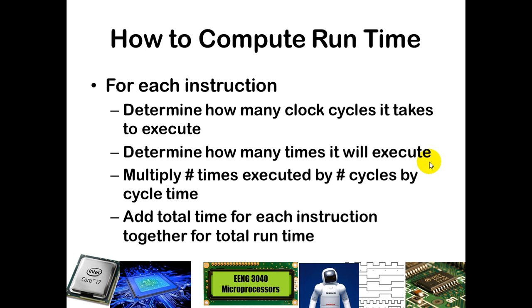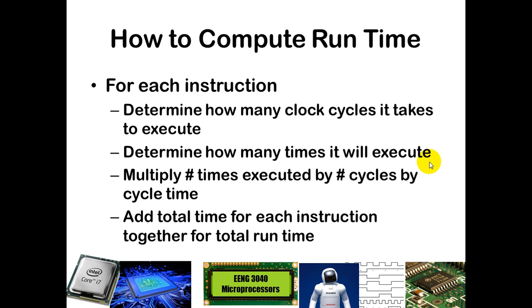In other cases, if you're in a loop, certain lines of code may be executed over and over again. So you want to trace through that logic to figure out how many times certain loops are running, and design your logic accordingly to get the specific time that you're interested in. All you need to do is multiply how many times a particular line of code gets executed by the number of cycles it takes to execute.